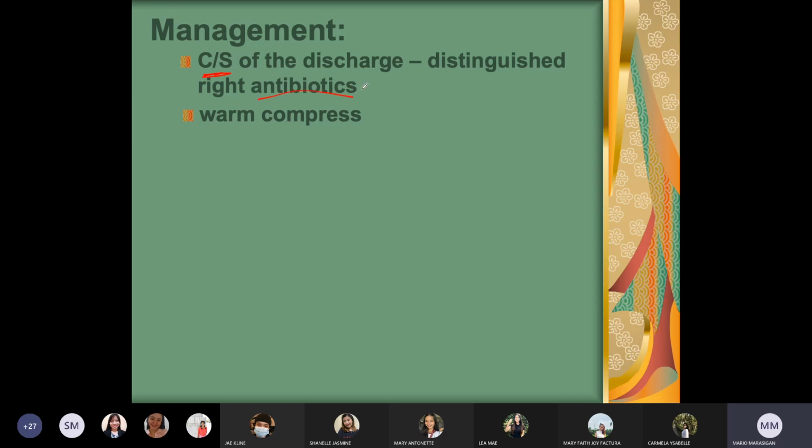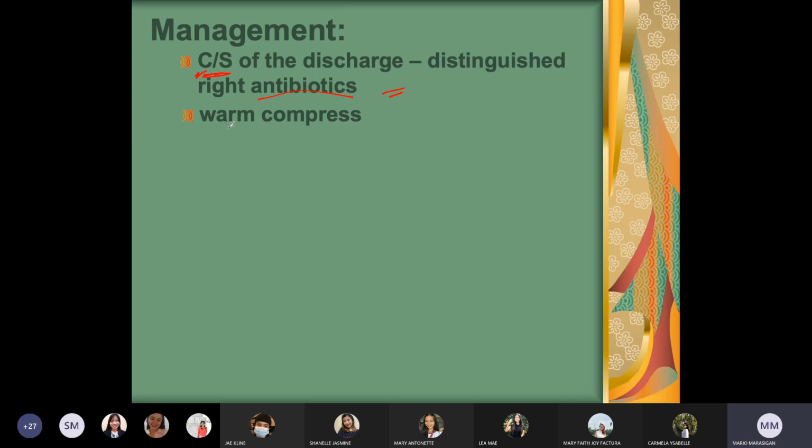But here in the Philippines, it takes days before the culture and sensitivity result is released. So some doctors start antibiotics already, giving broad spectrum antibiotics that work on gram positive and gram negative, because the culture and sensitivity takes a while and they want to start antibiotics immediately.